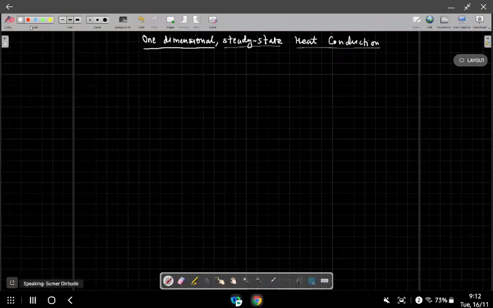Okay, so before moving on to this problem, yesterday some students from other batch were asking. We have seen that error has two components.